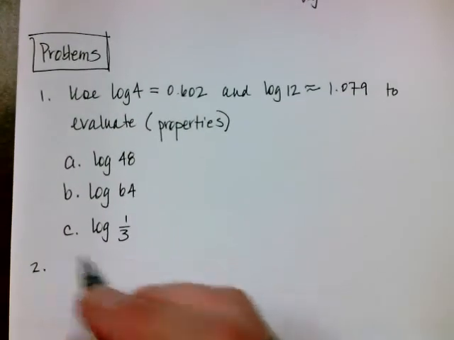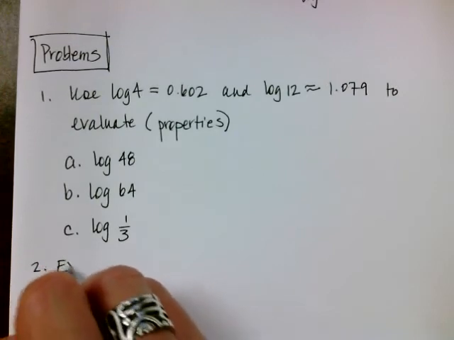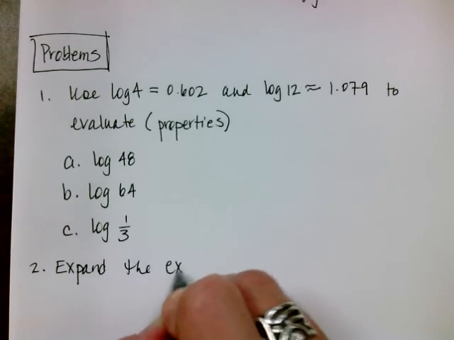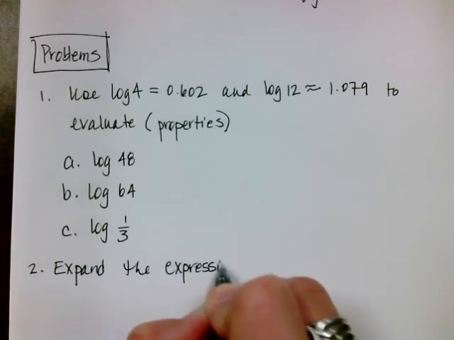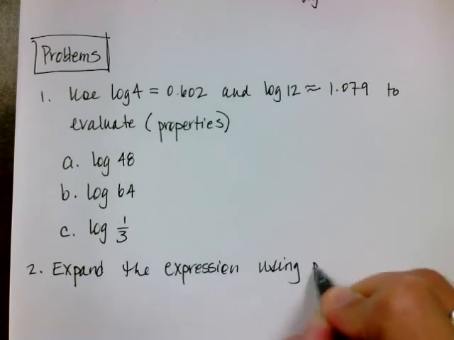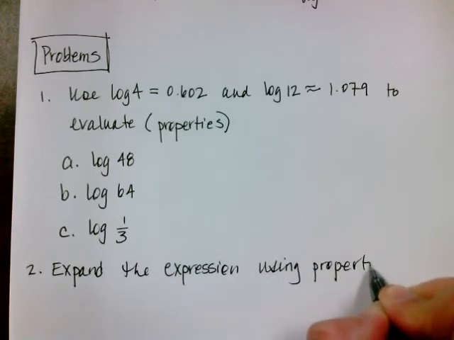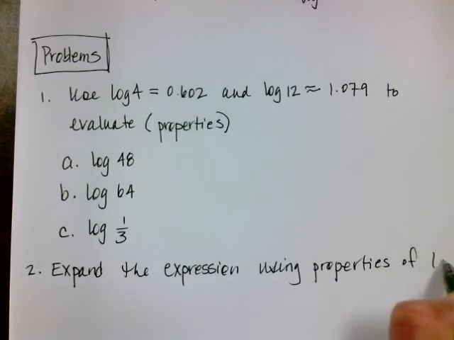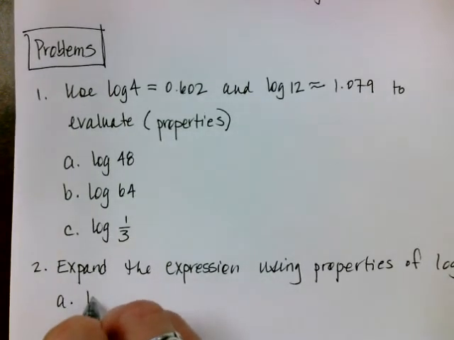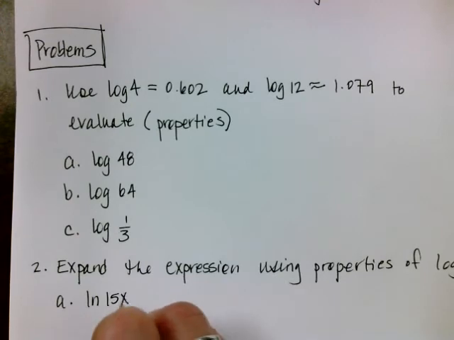All right, number 2, sorry you couldn't see those, it's going to say expand the expression using properties of logs. All right, A is going to be the natural log of 15x.